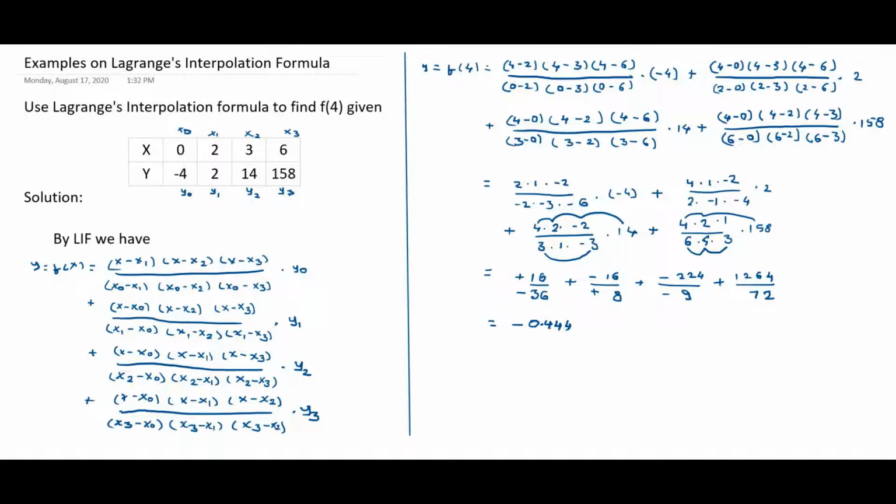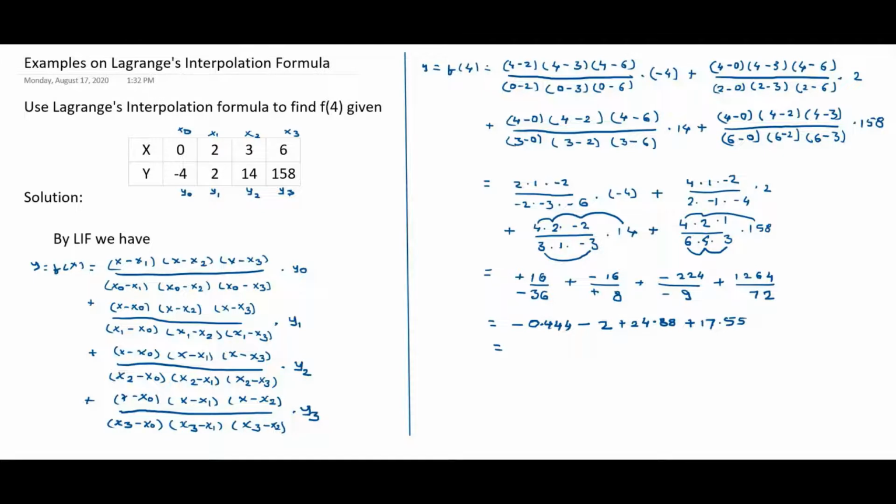Now minus divided by plus is minus sign, 16 divided by 8 is 2. Minus divided by minus is plus sign, 224 divided by 9 you will get 24.88. And in the last case, plus 1264 divided by 72 you will get 17.55.